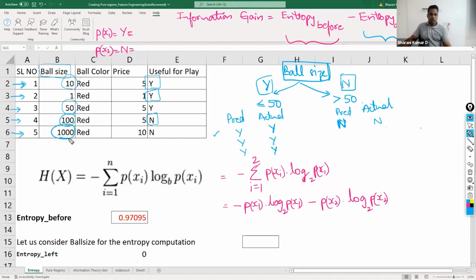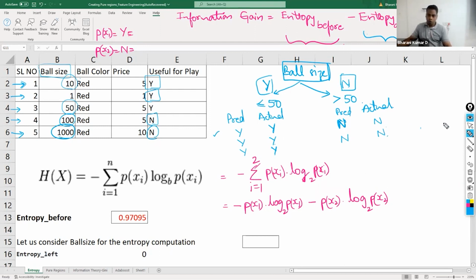Again, I'll go to the fifth row, 1000. Is 1000 less than or equal to 50? No. Is it greater than 50? Yes. So the predicted value will say no. And the actual value also says no. Is there any mismatch? No.